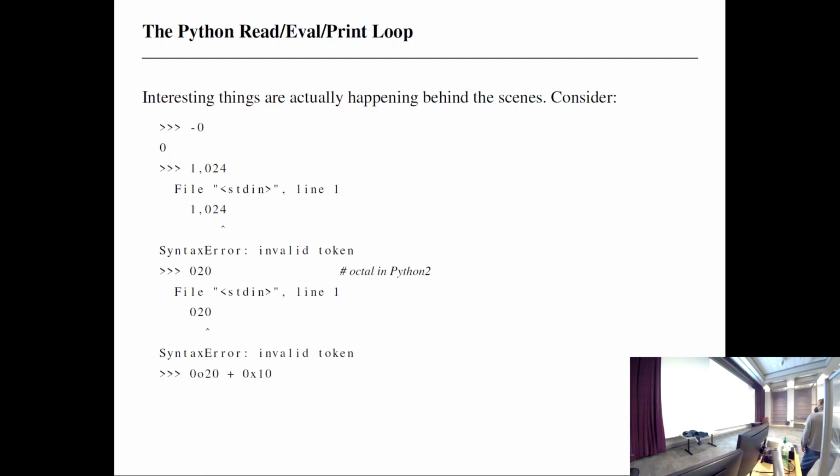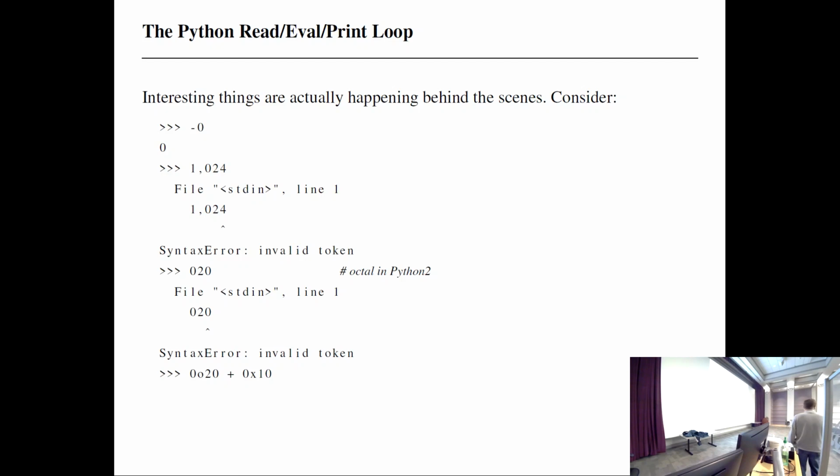So here's another example. Here I have a 0 with a lowercase o 20 plus a 0 with a lowercase x 10. Now, I'll tell you now that the 0o is Python 3's way of saying that this is an octal number. So 0o20 means that it's the 20 octal, which means it's 2 times 8 and 0 times 1, or 16. So this number stands for 16.